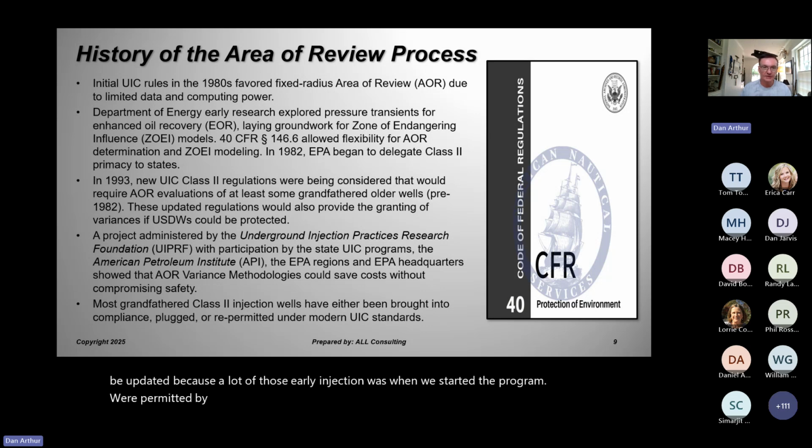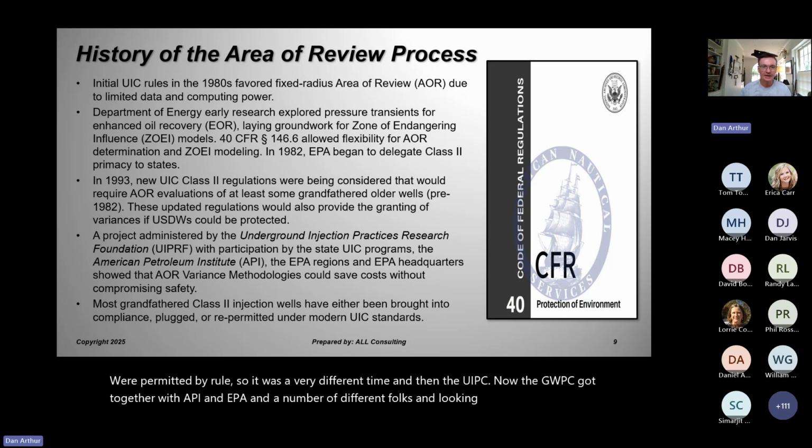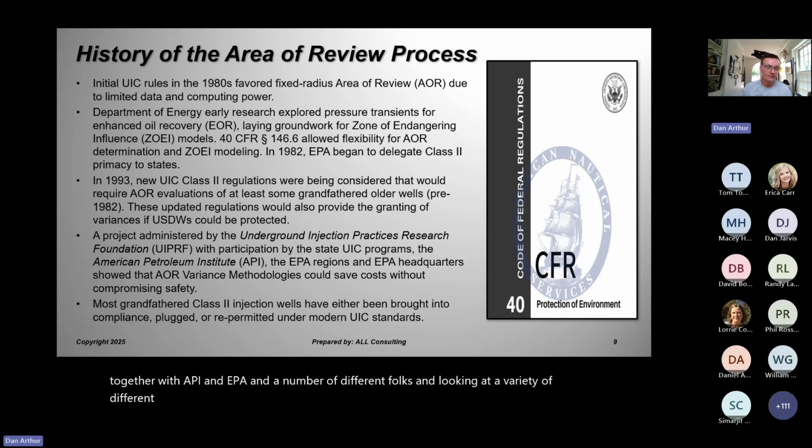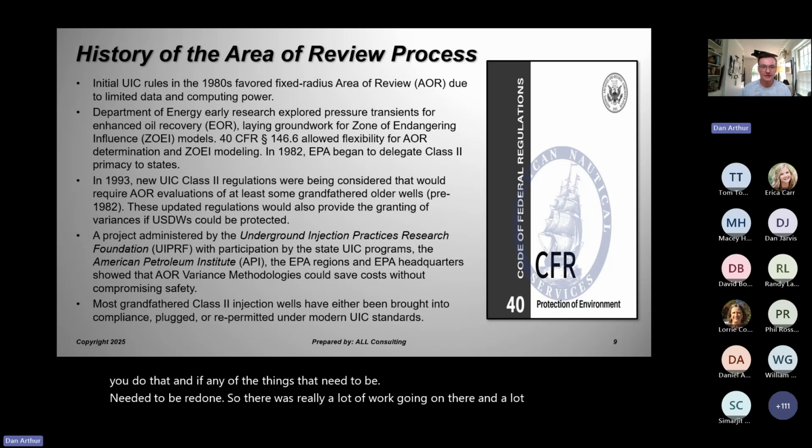So it was a very different time. Then the UIPC, now the GWPC, got together with API and EPA and a number of different folks, looking at AOR variances, the applicability of zone of endangering influence and how you do that, and whether any of the things needed to be redone. There was really a lot of work going on then, and a lot of resources that are still out there today.